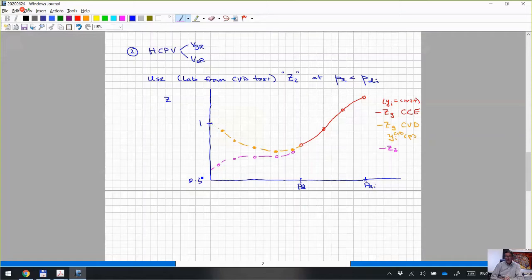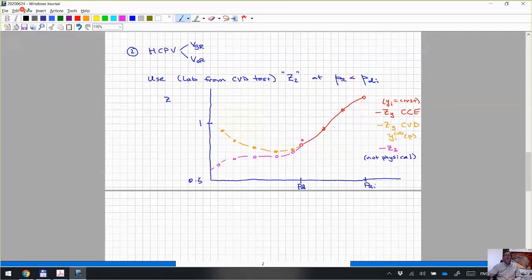It could go down to 0 for a really rich condensate, but it's non-monotonic and it's not pointing towards 1. So that's our two-phase Z factor. And it's not a physical Z factor, although I think there's a couple of papers in the literature that suggest it's physical and tell you how to calculate it, but it's not physical.